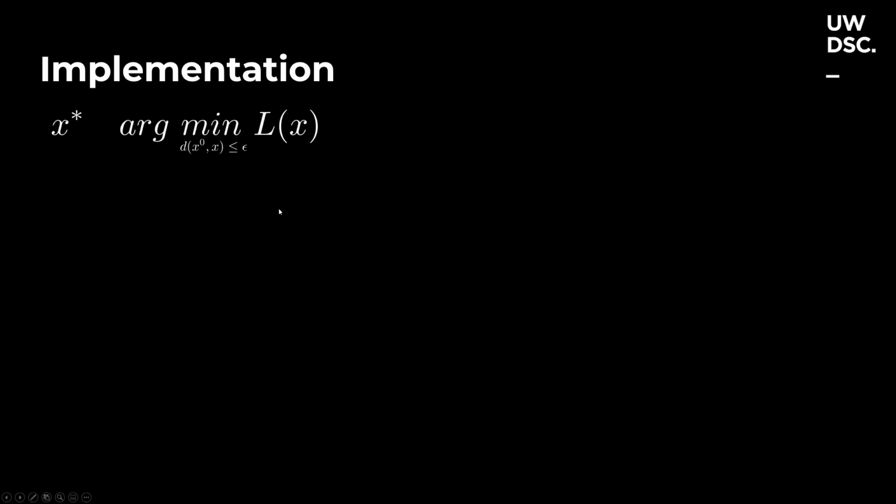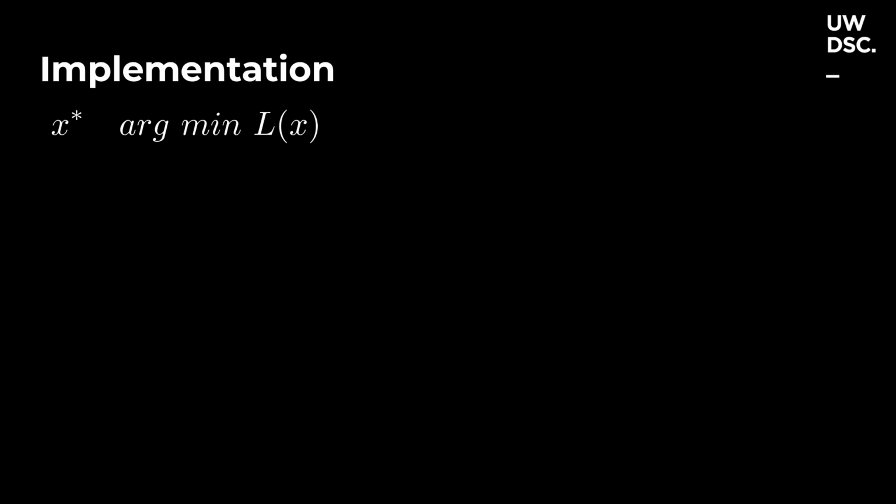And let's look at the implementation, if we were to use this and deploy it on our own model. So it's an optimization problem. We want to get the minimum value of x error star by solving this problem. However, it is probably very hard to solve directly. But if we remove this constraint, it looks familiar.